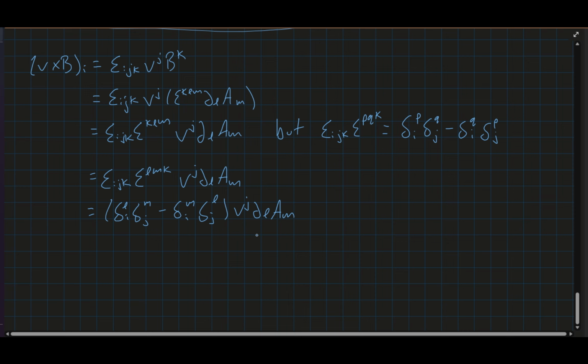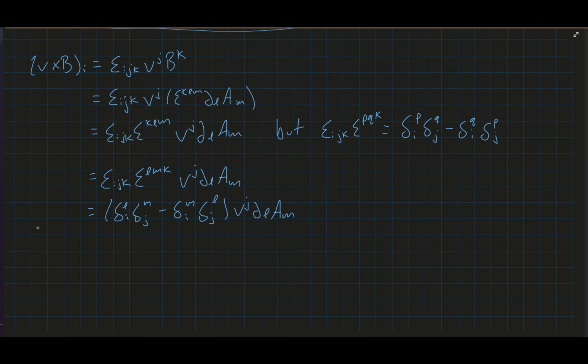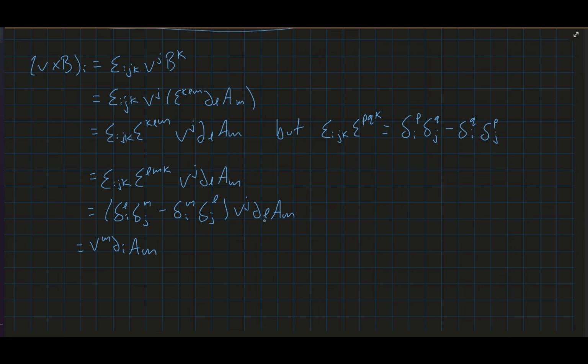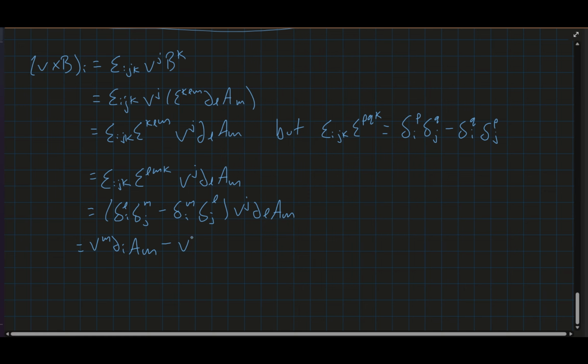Okay, so we can just apply these deltas and get close to a final answer here. We get V_M del_I A_M, because the J goes to an M, the L goes to an I, and the M stays the way it is. And then the second one we get V_L del_L A_I.